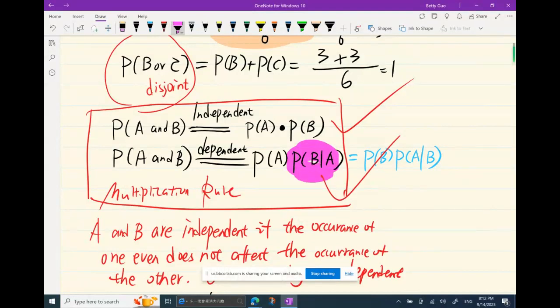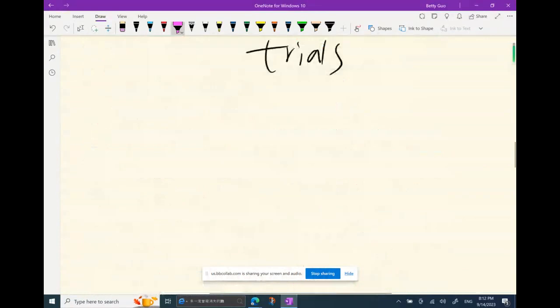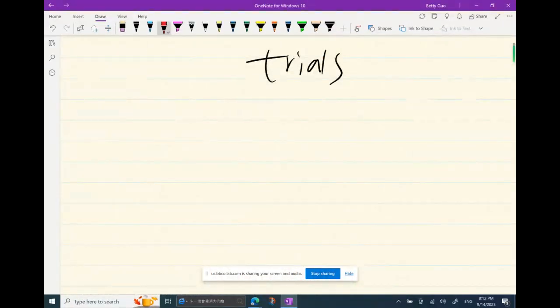Now let me spend a little bit of time covering what conditional probability is. Let me give you another example to explain it.